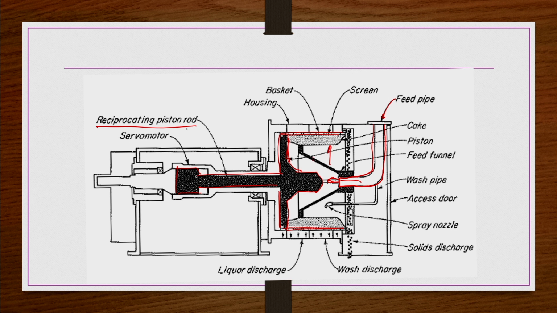Because of that, this material is pushed towards the basket wall, which is perforated and covered with a filter cloth. This perforated basket wall will allow only liquid to pass through, and solids will be deposited because of their bigger sizes, and also because the basket walls are lined with a filter medium.